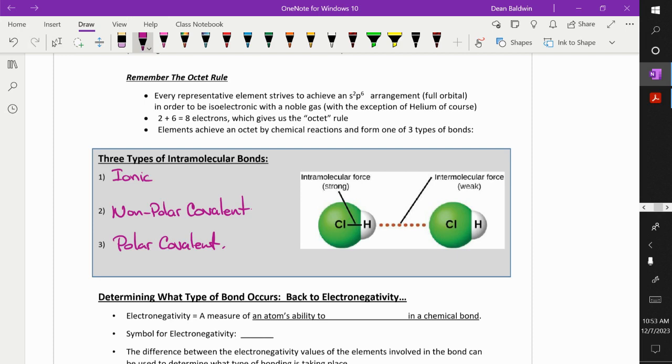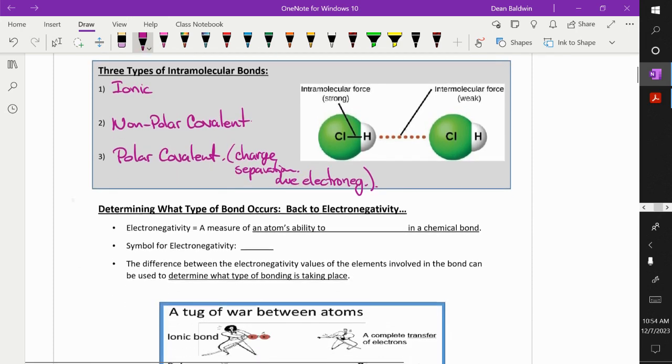Polar covalent have a charge separation due to electronegativities. Non-polar is a very tiny charge or you don't have any charge at all. But we'll talk about that right now.